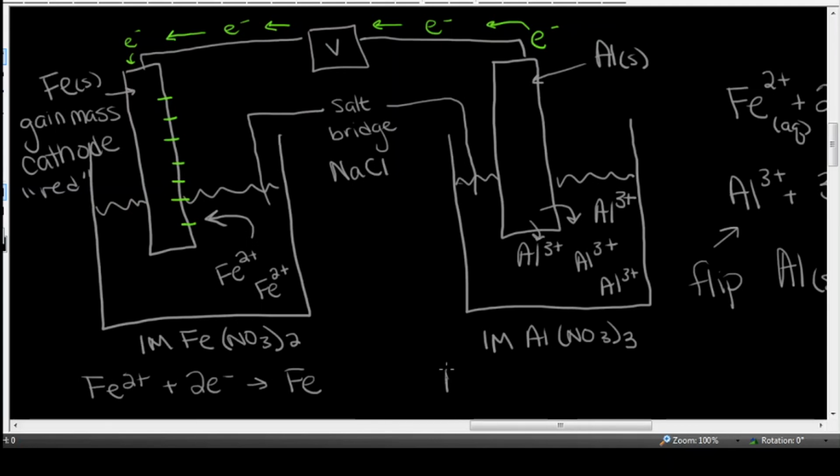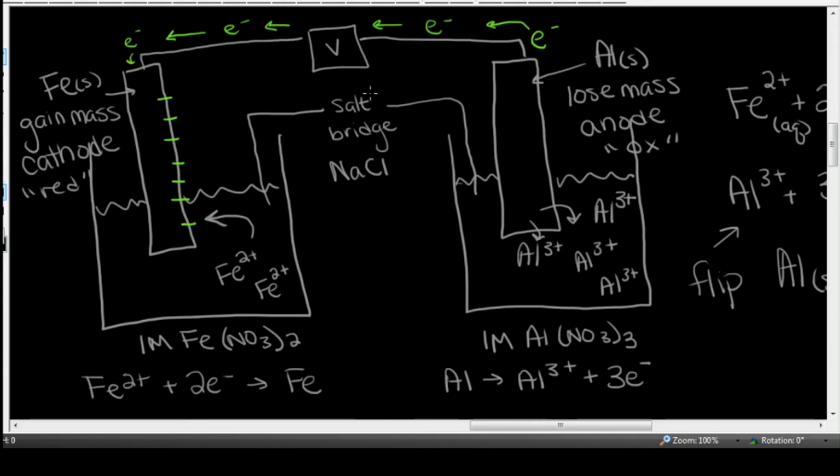This is where the oxidation is happening. You guys can see I'm getting lazy with my states of matter. Where the oxidation is happening, the electrode is going to lose mass. And this is what we call the anode, where the oxidation is occurring.